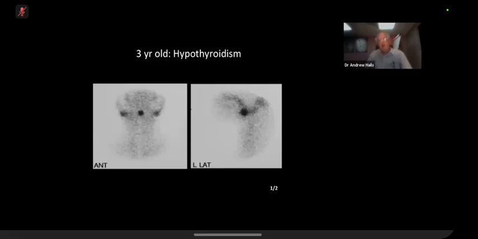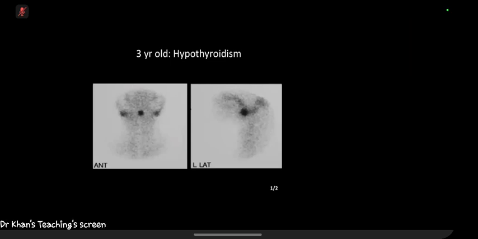Now, maybe I would like to ask you about this one. This is a 3-year-old with hypothyroidism. How could you explain their hypothyroidism? So the area of increased uptake is a small sort of rounded area, and if I'm judging this correctly, it's not in the typical expected location of the thyroid. It looks like it could be possibly a lingual thyroid.